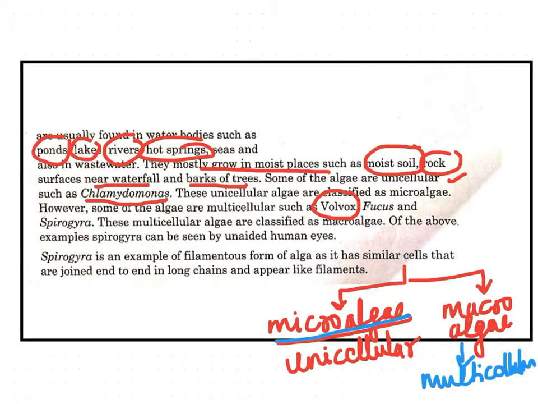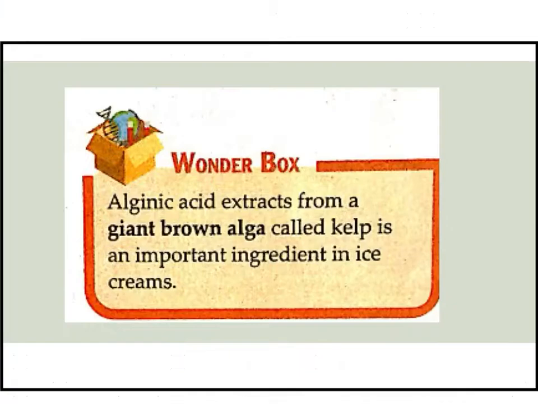I hope you understood. And I've just discussed two examples. One is Spirogyra, which is a filamentous algae, and the second was Volvox, which exists in colonies. Have you understood?